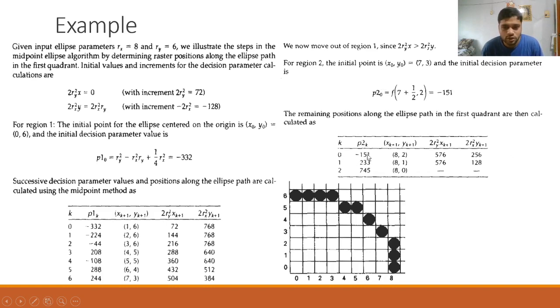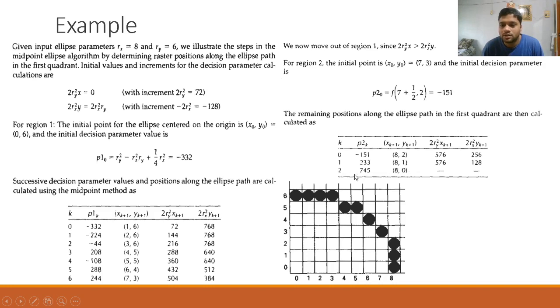For k equal to 0, p2k becomes minus 151. Since it is less than 0, we do not increment x, we only decrement y. Then when the p2k value becomes positive, we increment x and decrement y.